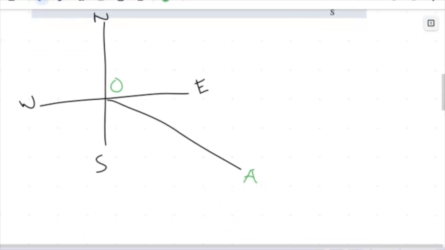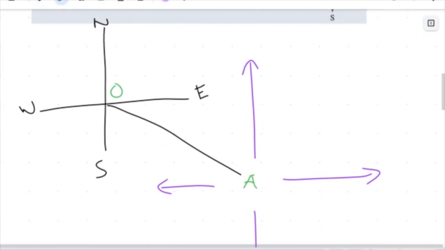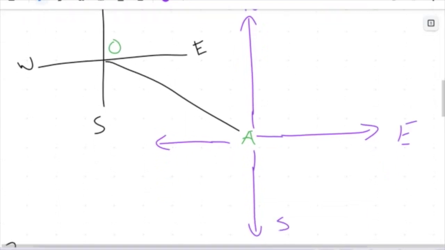So I'm going to draw in another northeast, southwest map from the perspective of A. Because I'm measuring O's position from A. So from the perspective of north up here, the angles I'm counting are going to be a little bit different here. So I'm going to write here northeast, southwest.